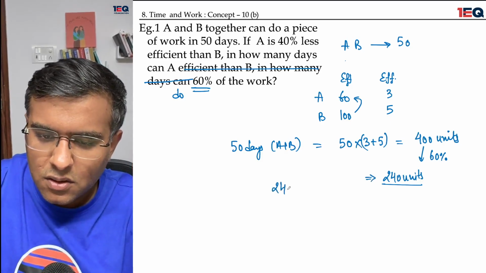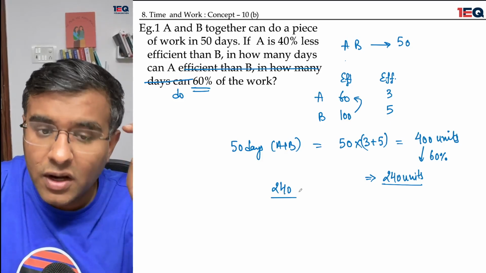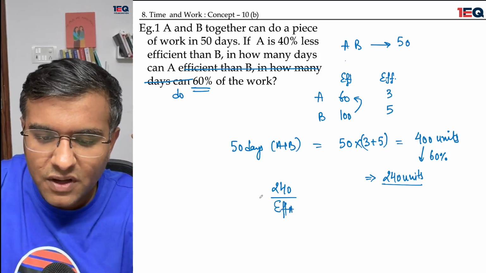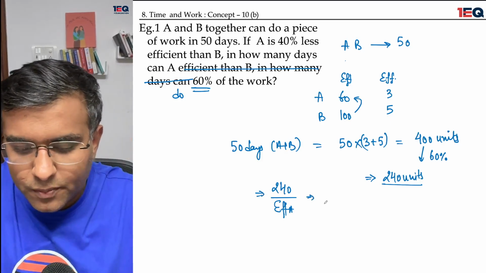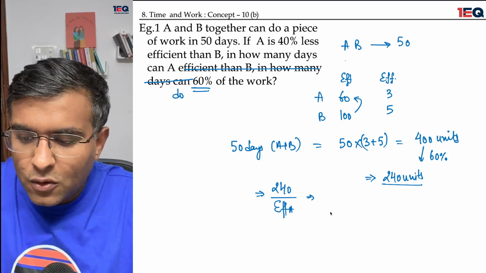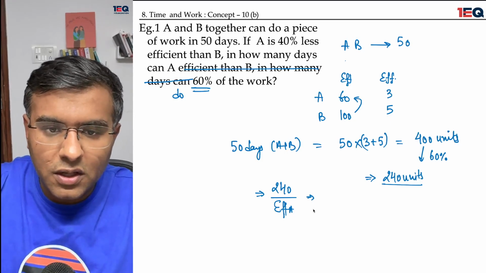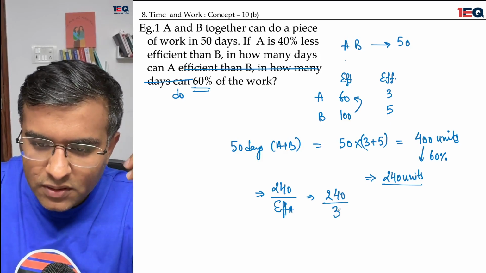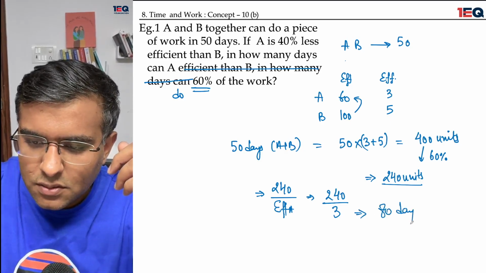And these 240 units need to be dealt with. This is the work that only A is supposed to do. That means 240 would be divided by the efficiency of A, which is 3. 240 upon 3 is equal to 80 days.